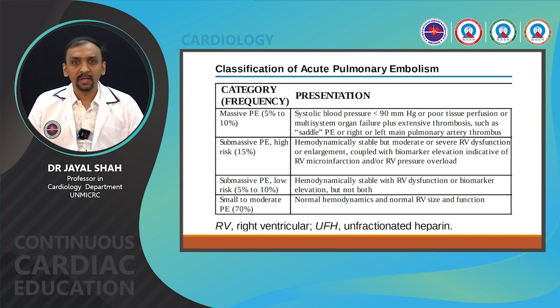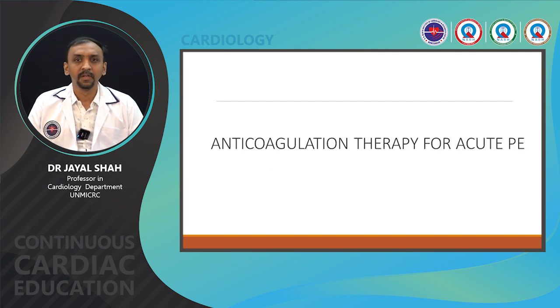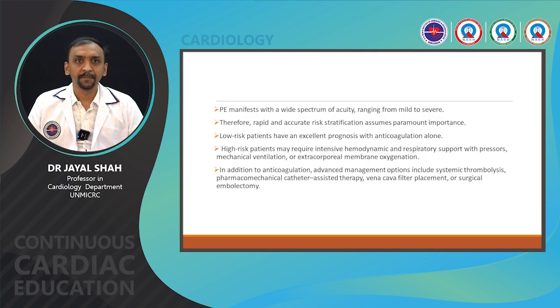Or, there is hemodynamic stability with RV dysfunction or biomarker elevation but not both. In the case of small to moderate PE, the patient has normal hemodynamics as well as normal RV size and function.